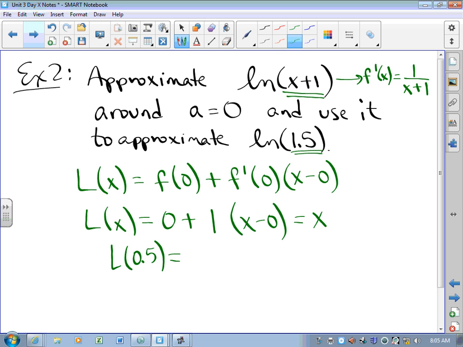So x is 0.5. That's a half, which is approximately the ln of x plus 1, or 1.5.